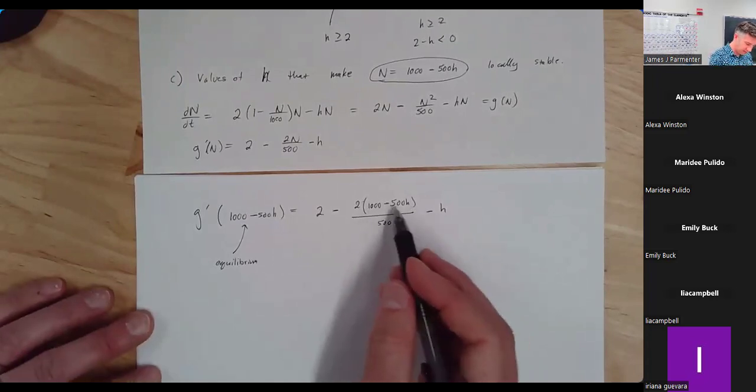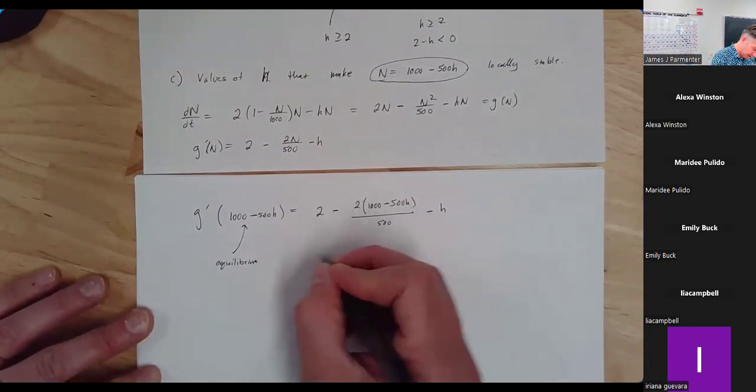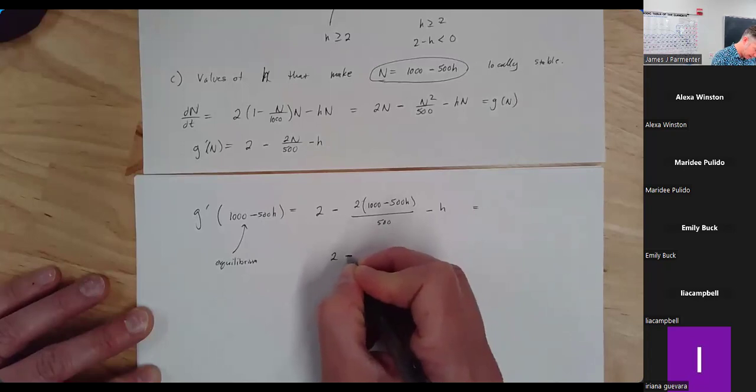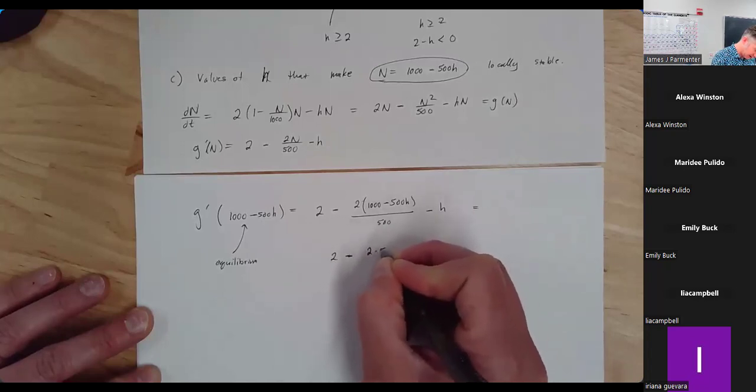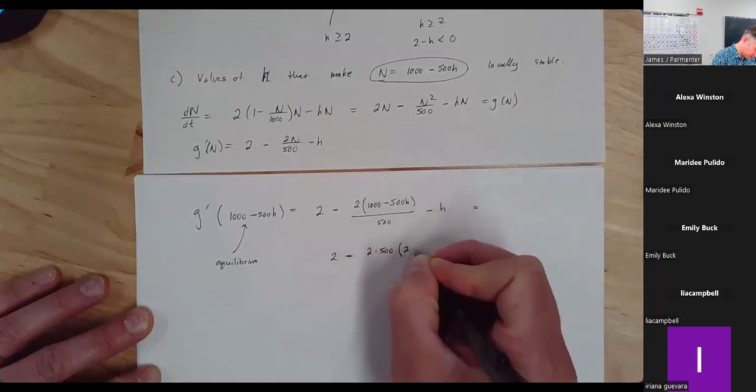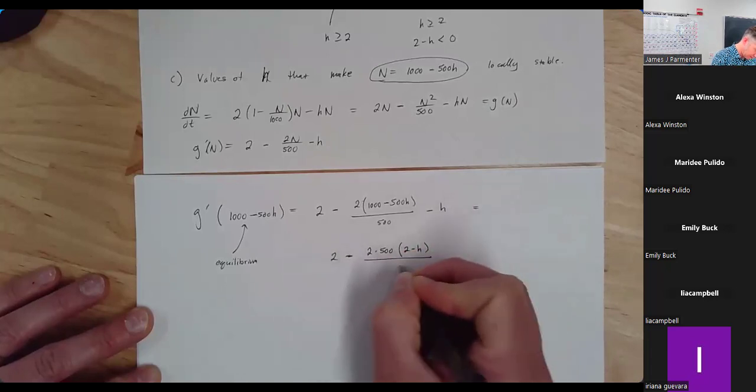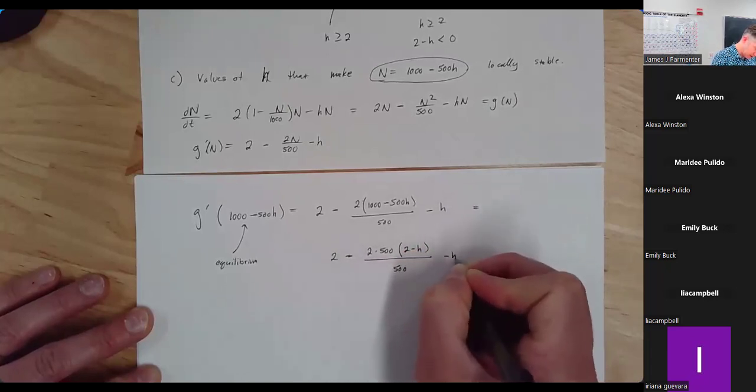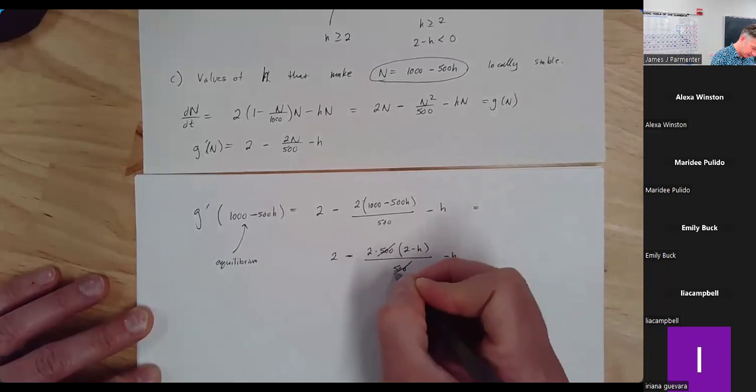We can factor out a 500 from the top part and get 2 minus 2 times 500 times 2 minus h over 500 minus h. The 500s cancel.